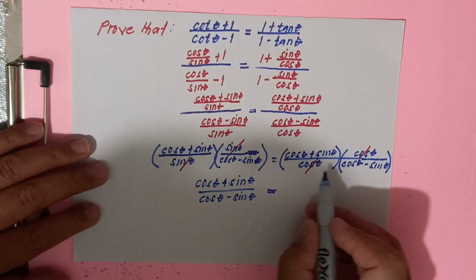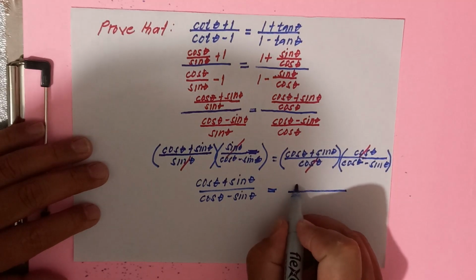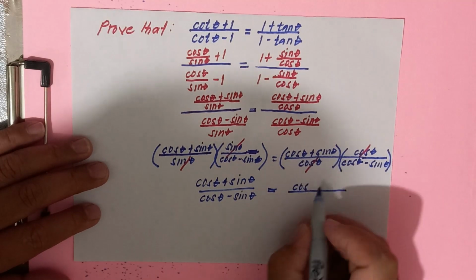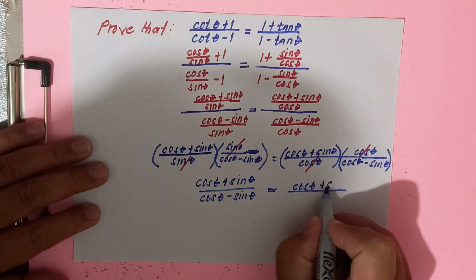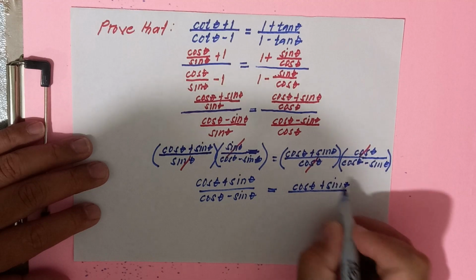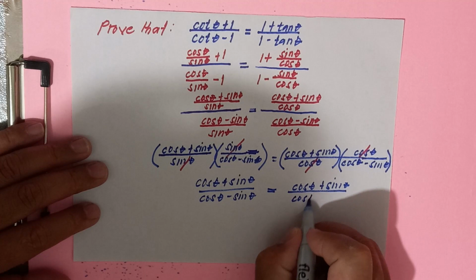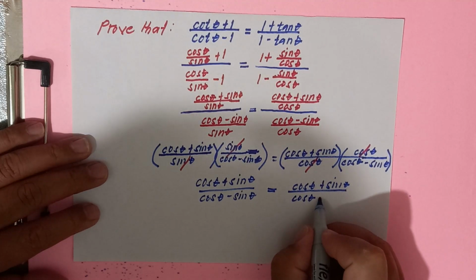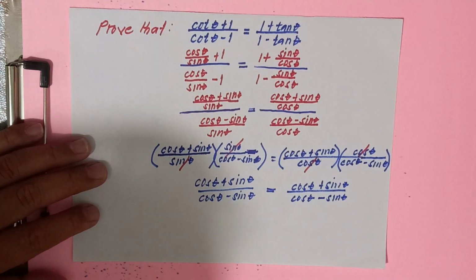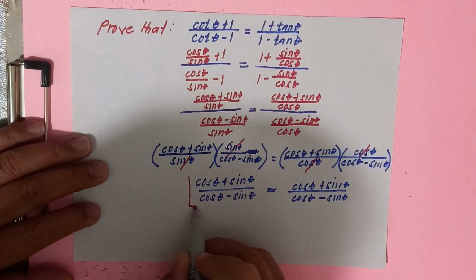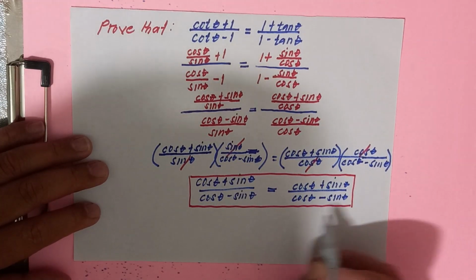Now, what about here? What remains in the numerator of the right side? That is the same as cosine theta plus sine theta over what remains in the denominator, cosine theta minus sine theta. Notice that they are already the same. Okay? They are already equal. They are the same in form.